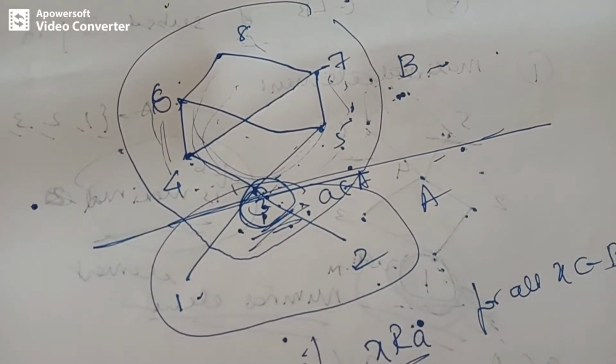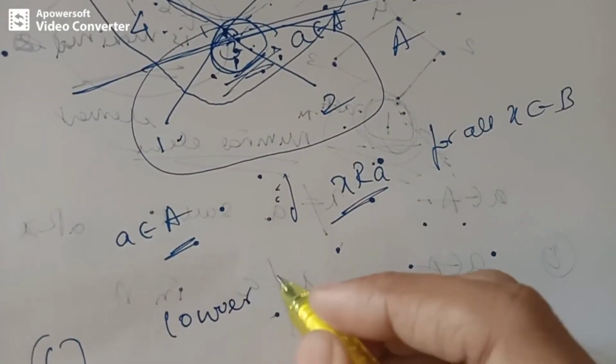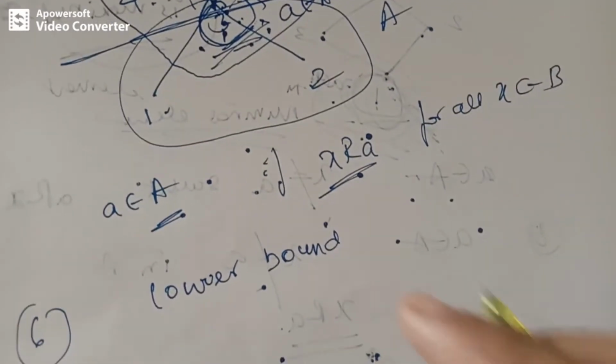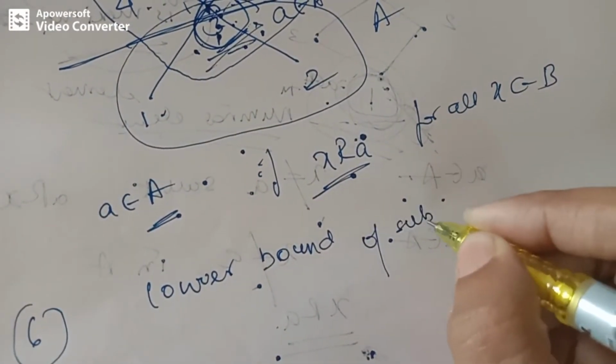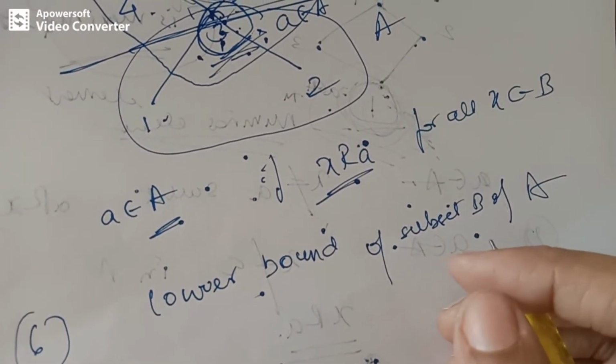Next, coming to the concept of lower bound. We will talk about lower bound with an example. So lower bound of the subset B of A. When can we call it a lower bound of subset B of A?